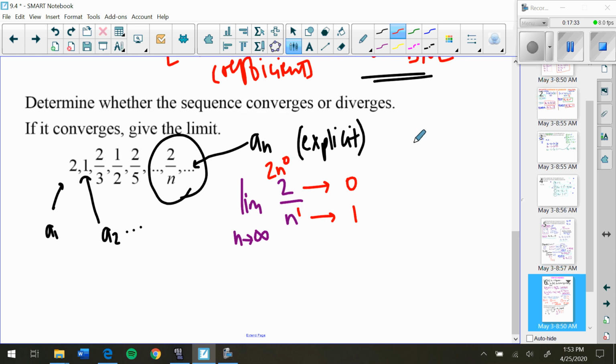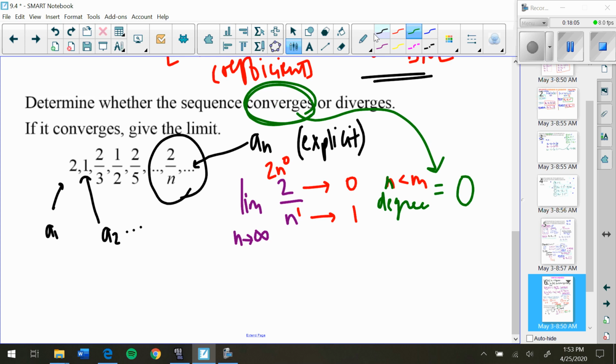This is n to the first power. So our numerator has a lower degree, n is less than m than our denominator. And I'm sorry, this is kind of confusing, I realize, because this n is the degree, not this n. But our numerator has a smaller degree than our denominator, which means this will approach 0, and this sequence will converge, meaning it basically just goes to 0.